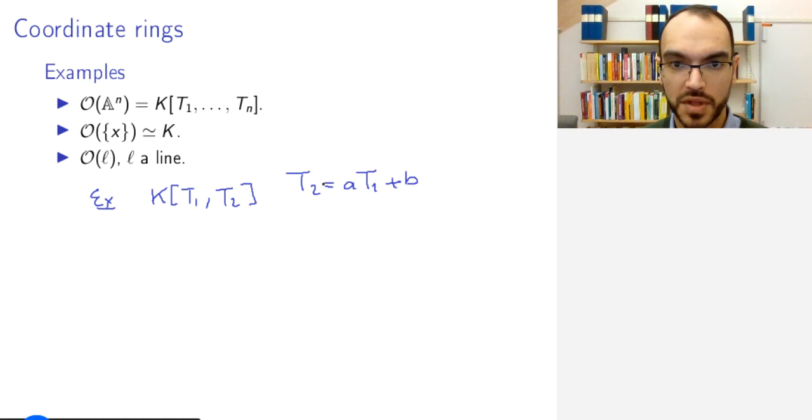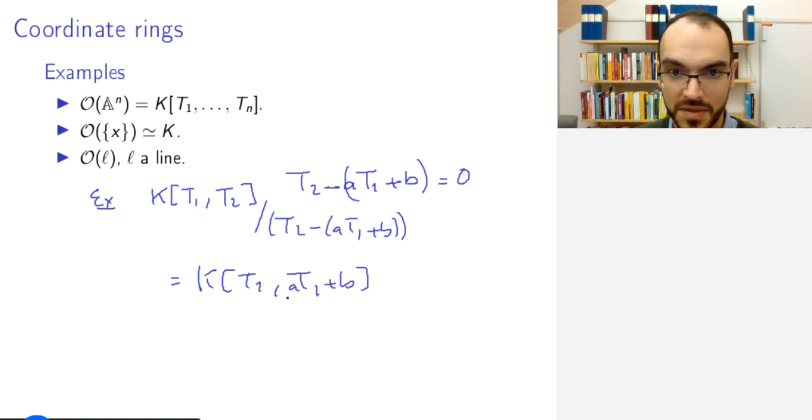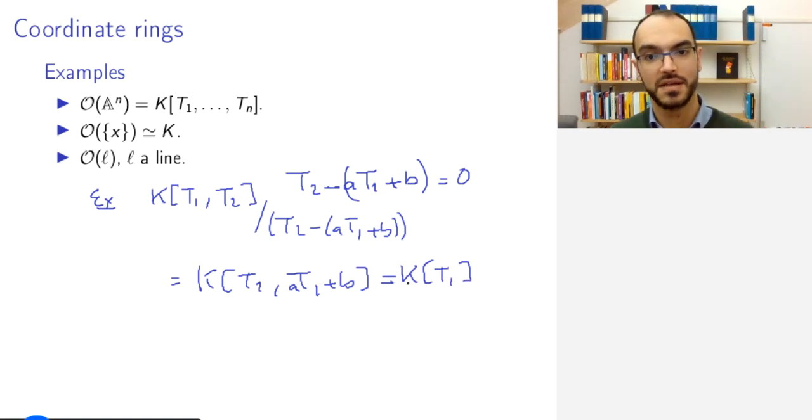The line is given by this equation. Quotienting by this ideal, this is simply the polynomial ring in T1 and a T1 plus b, but this thing is already there because it is already in the polynomial ring of T1, so this is the polynomial ring in T1. So this line is parametrized by T1 if you wish.